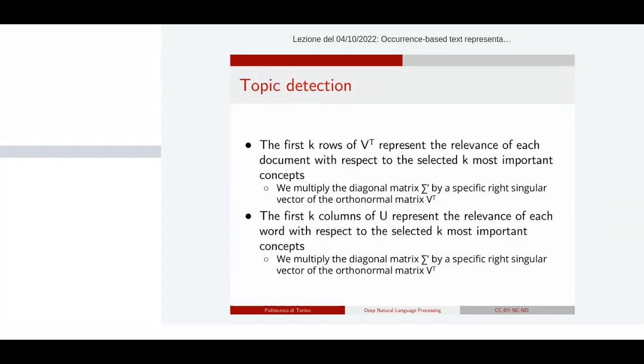So the most relevant topic, the top one in the short list of K topics, covers document 1 with relevance 0.5, document 2 with relevance 0.9, document 3 with relevance 0.1. So if you want to look at the documents that mainly cover that topic, you can neglect, for example, reading document 3. Is it clear?